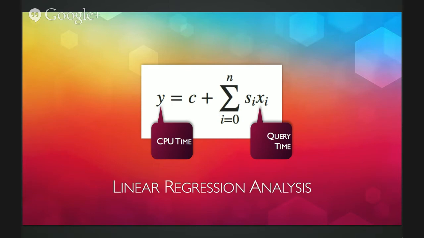And you can think of those as a slope. And in our case, the CPU time is the y variable, because the queries are the x variables. And the sum of all of these queries times the coefficient of CPU per query plus a constant theoretically equals the total CPU time of the MySQLD process.